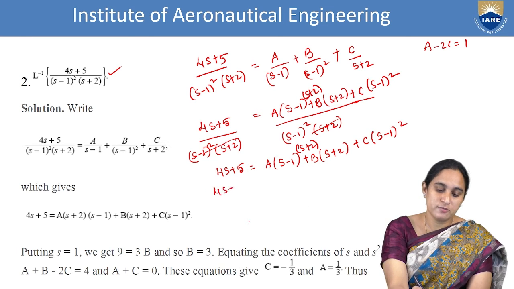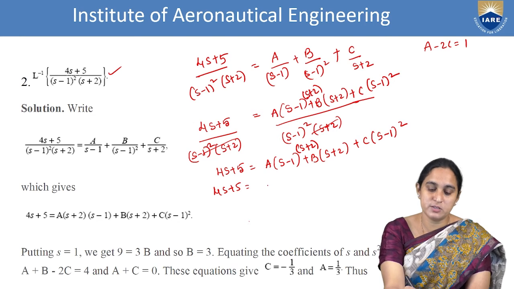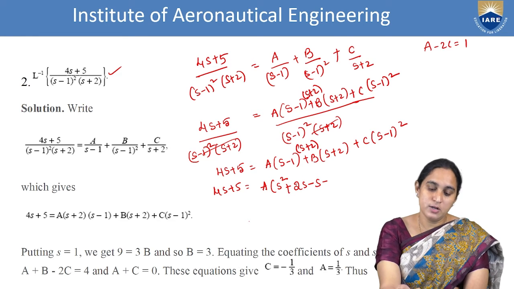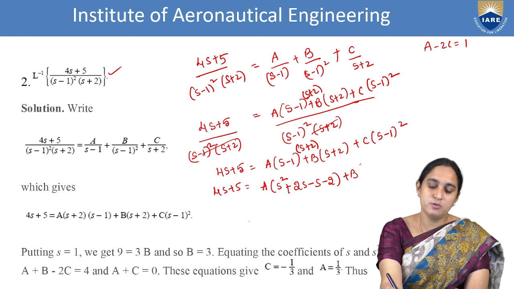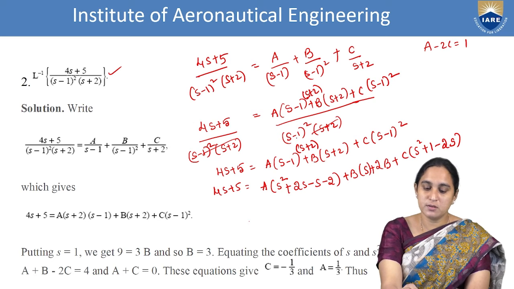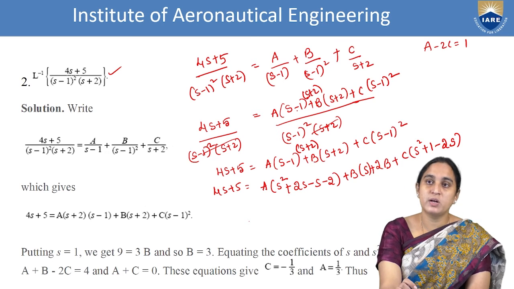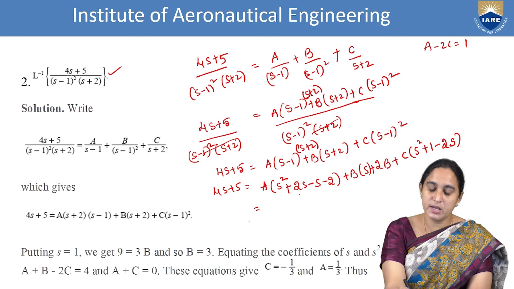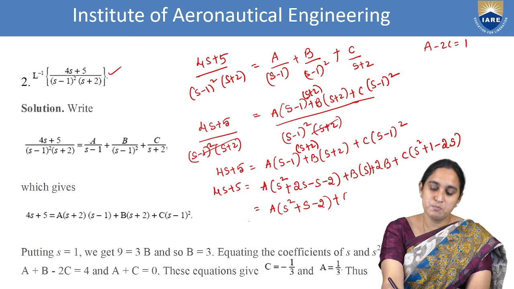4S plus 5 is equal to, now I am multiplying A into S minus 1 into S plus 2, that is A into S square plus 2S minus S minus 2, plus B of S plus 2B, plus C of S square plus C minus 2CS.